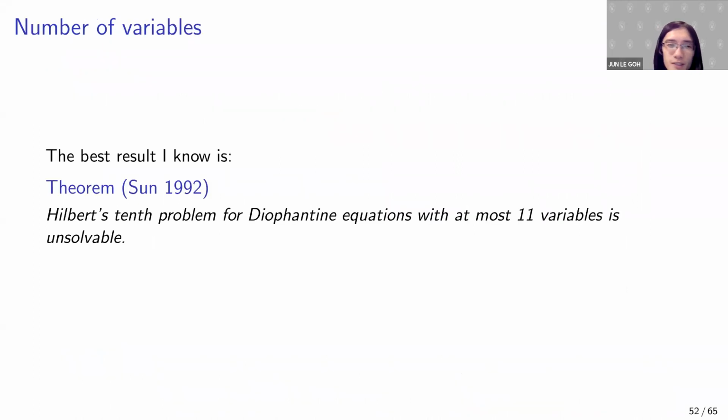What I do know is that there is a result by Sun, and he proved that if you have at most 11 variables, that's already enough to be unsolvable. But as far as I know, I think this is most likely not optimal. So there's still some gap here for the result to be improved in either direction.